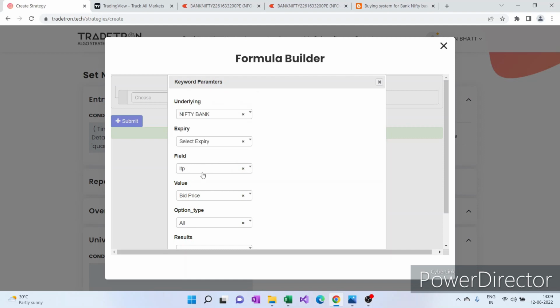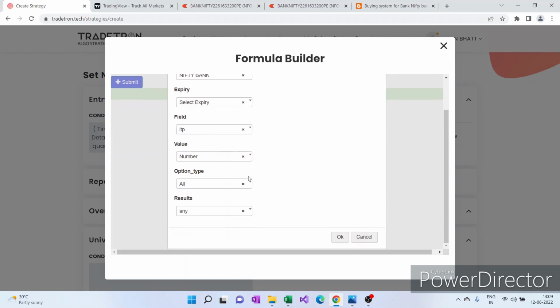We will be checking the LTP of that option, saying it should be trading near a given number, which will populate as 50. Because we are creating a C leg, our option will be C. The result can be less than 50 or more than 50, but near to 50. Whichever is nearest to 50, either on the lower side or the higher side, will be chosen.